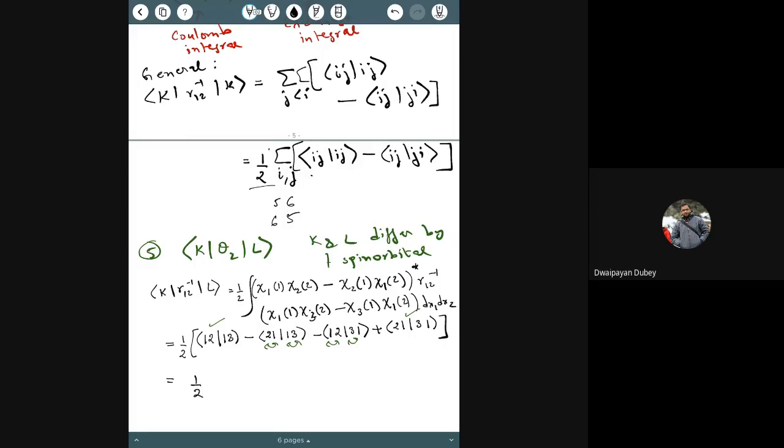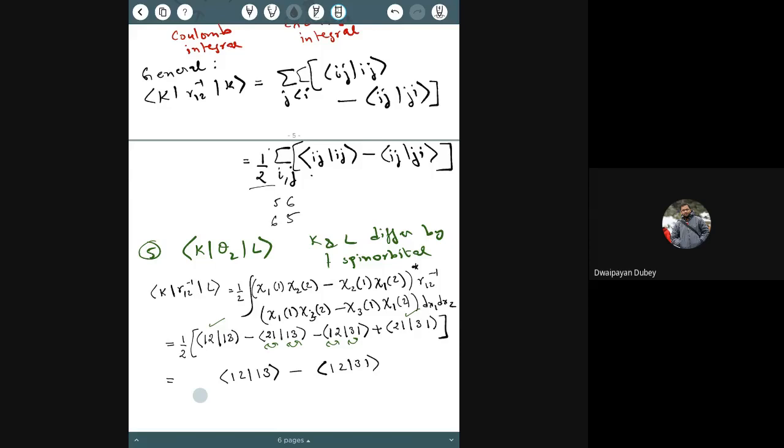So then you get what? Again, the half is gone, and you get 1, 2, 1, 3 minus 1, 2, 3, 1. So it's the same expression as before, right? Just 3 instead of 2. So there's nothing fundamentally different up to this point.